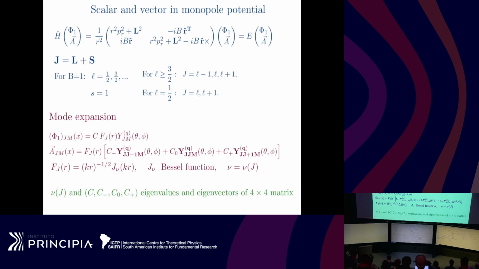Now you see in this ansatz, for each value of the total angular momentum, I have 4 unknowns, these coefficients, the c's, and this nu here, which is the index of the Bessel function. And it turns out, if you write down everything carefully, that these quantities are given as the eigenvalues and the eigenvectors of some 4x4 numerical matrix. So they can be found explicitly.